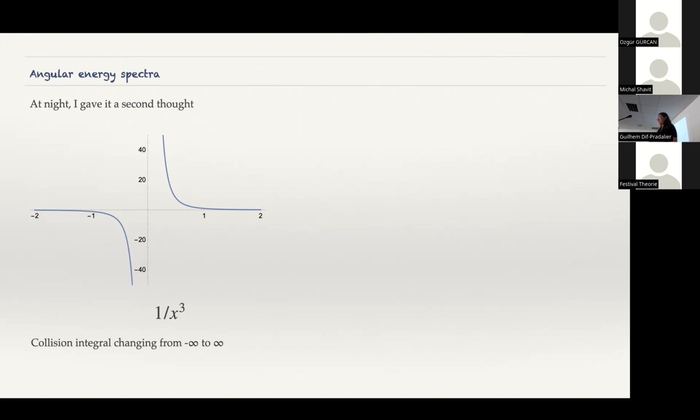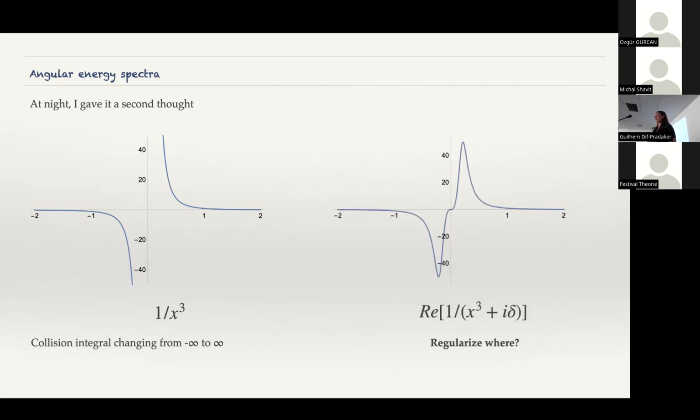So if you want this integral to be finite, it's asking you for a regularization around the shear mode. So it tells you that this is a solution if you regularize around the shear modes.